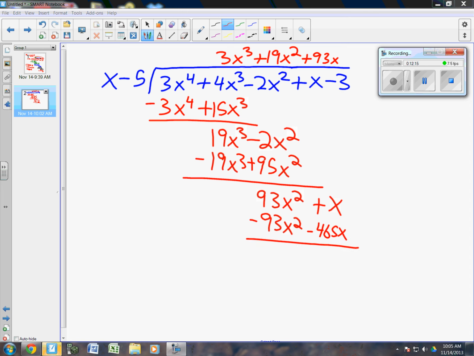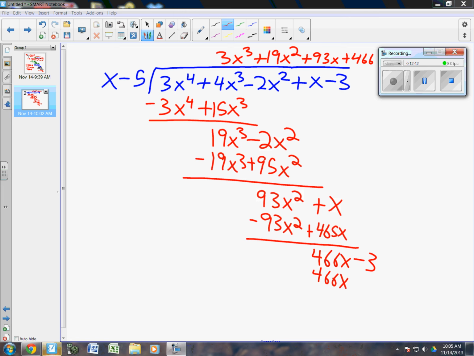Change the signs, and I add, and I get 466x. Bring down the negative 3. What do I times x by to get 466x? 466 times x is 466x. 466 times a negative 5.